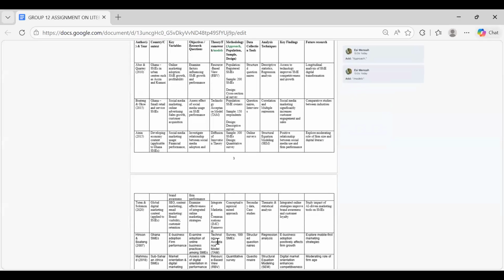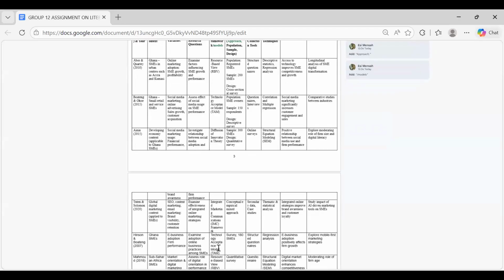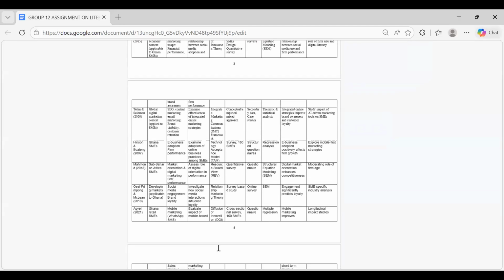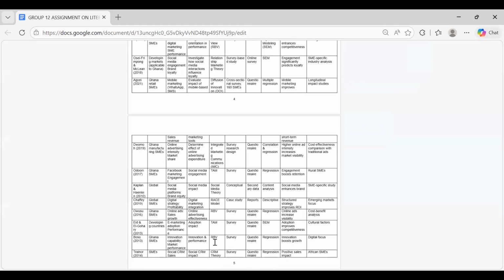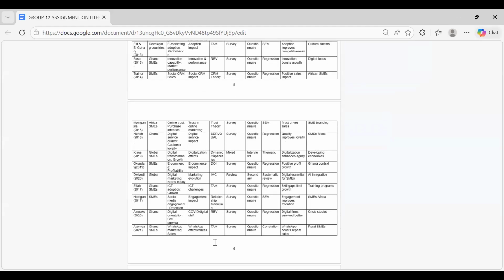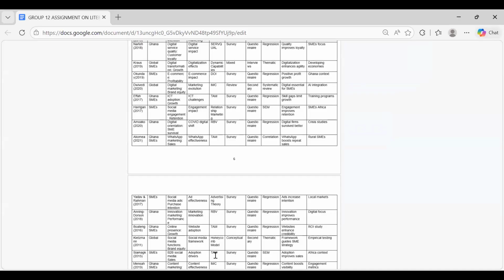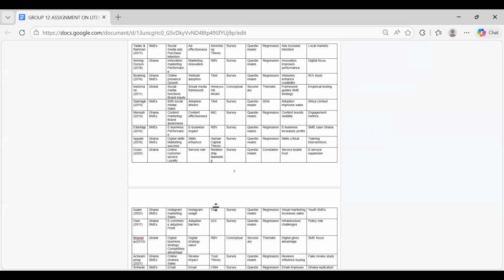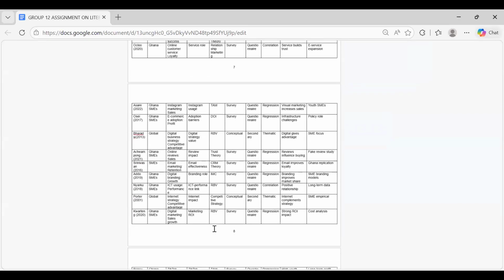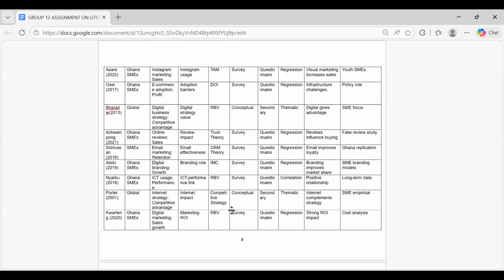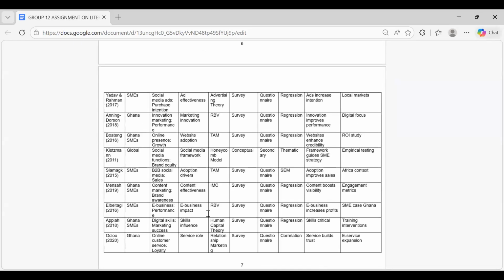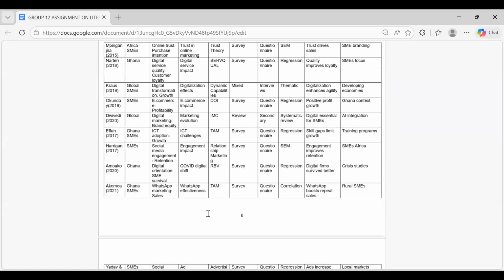We also see TAM. So TAM is showing up twice. 1, 2, 3, 4, 5, 6, 7, 8. I'm struggling to scroll down, but it looks like the dominant theory is TAM, which is the technology acceptance model.